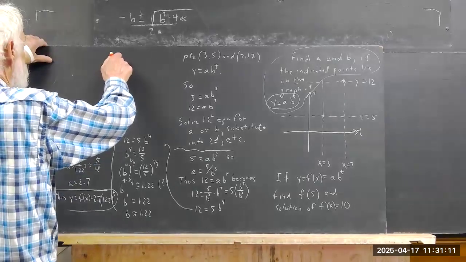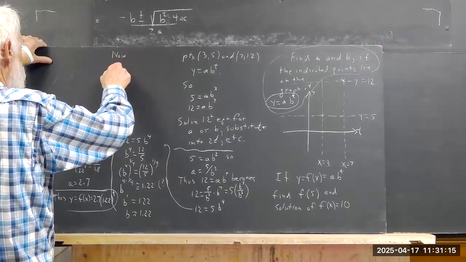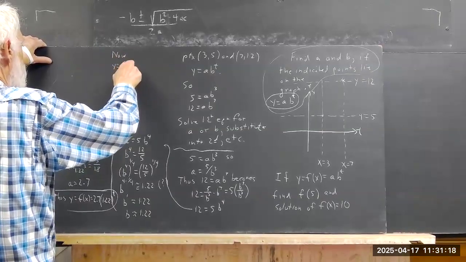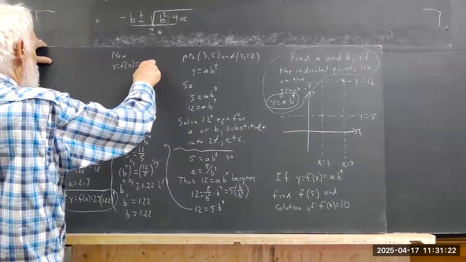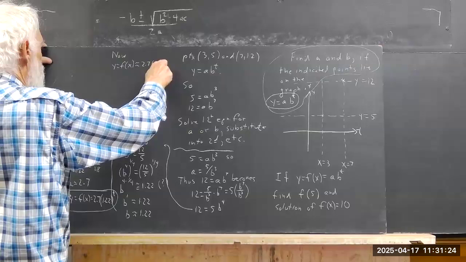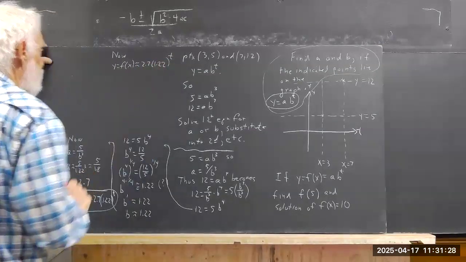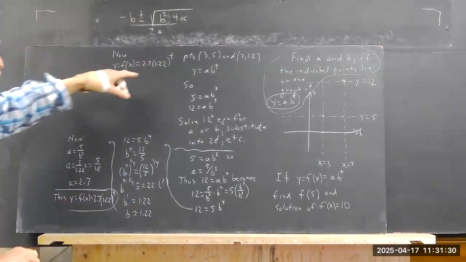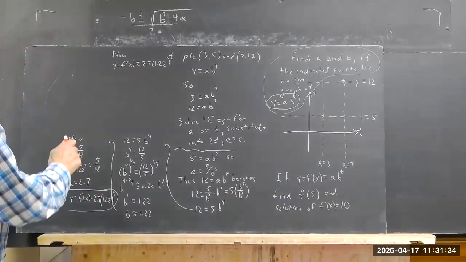So f of 5 is 2.7 times 1.22 raised to the t.